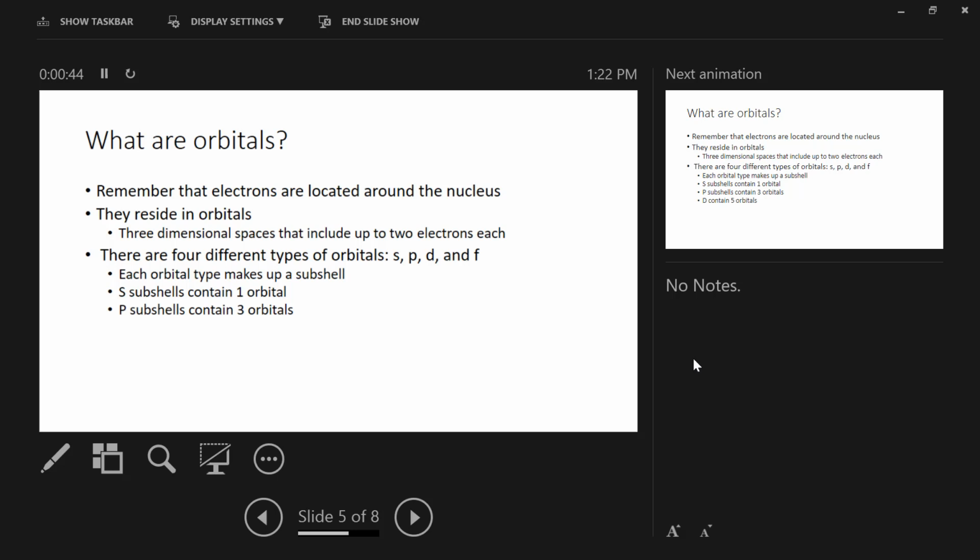p subshells contain 3 orbitals. 3 orbitals can hold how many electrons? 6. d subshells contain 5 orbitals.